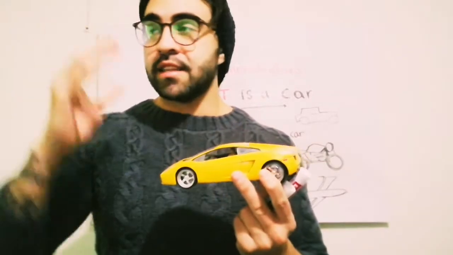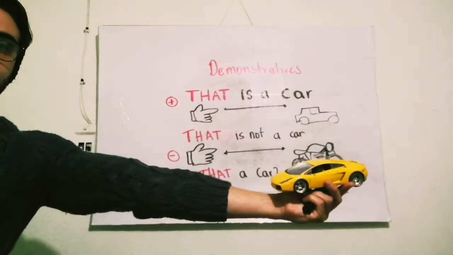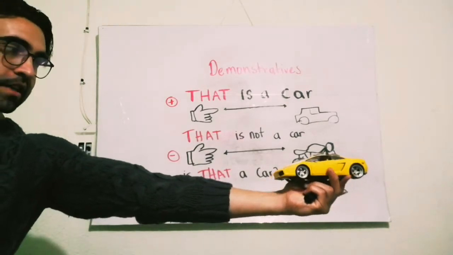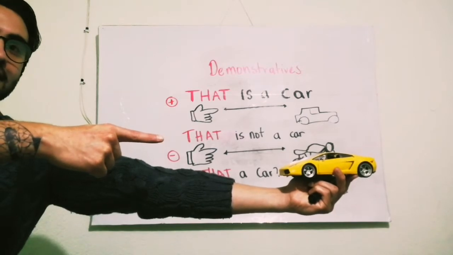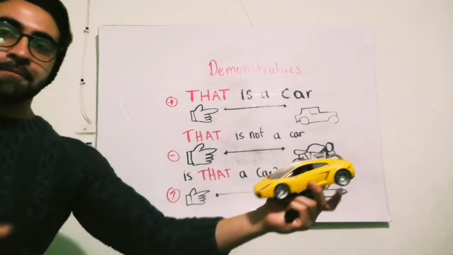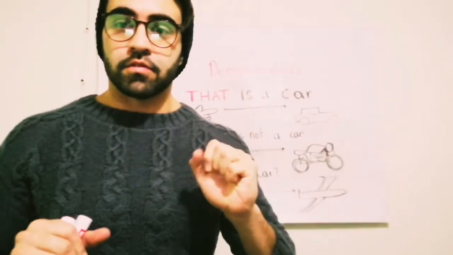Now, if I want to talk about long distance, let's imagine the car is not short distance, but long distance, right? In this situation, we would say that is a car, right? Now, we have many different examples that we can use, but for now, we're going to focus only on long distance, right?